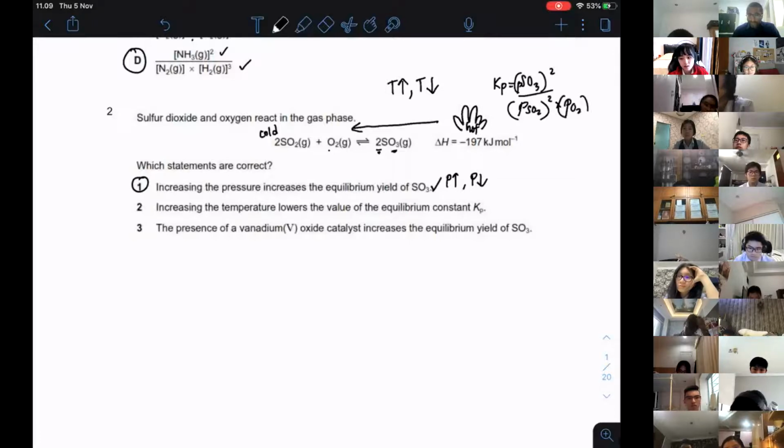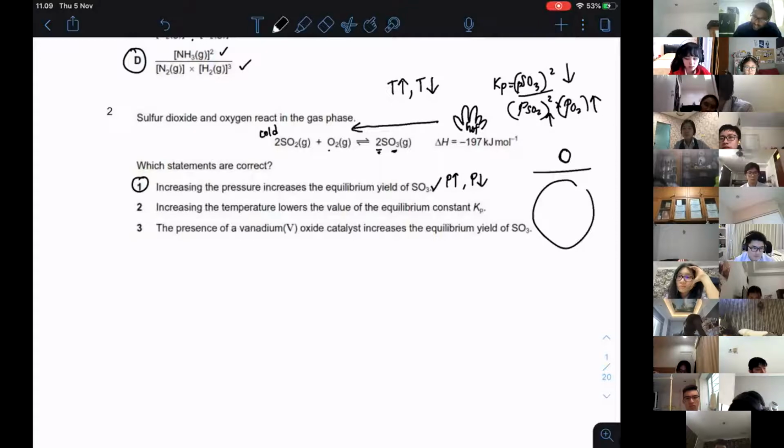I know that SO2 is increasing, O2 is increasing, SO3 is decreasing because it's moving to the left. You see something smaller divided by something that is bigger. You are going to get a smaller value or bigger value?